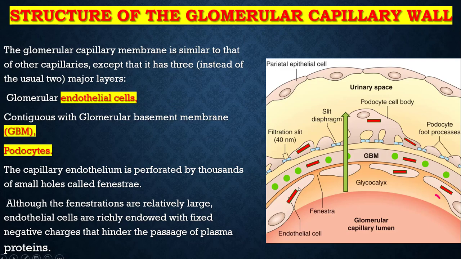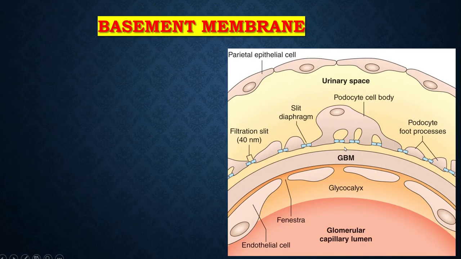You can see that all three layers, the endothelial, the basement and the podocytic layer, are negatively charged and they prevent the filtration of negatively charged proteins in the glomerulus.